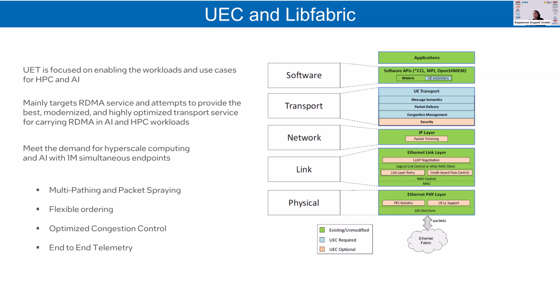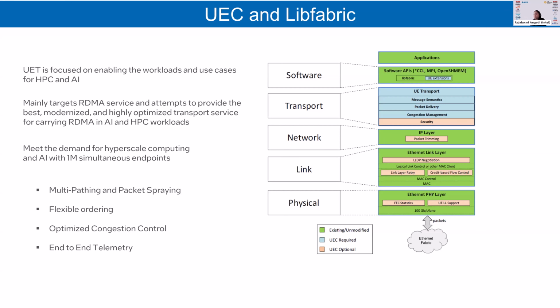Libfabric interfaces with the transport layer, where the semantics and packet delivery are handled, which is shown in the blue boxes. So Libfabric will have to interface into that layer and then deal with anything that is mapping there.